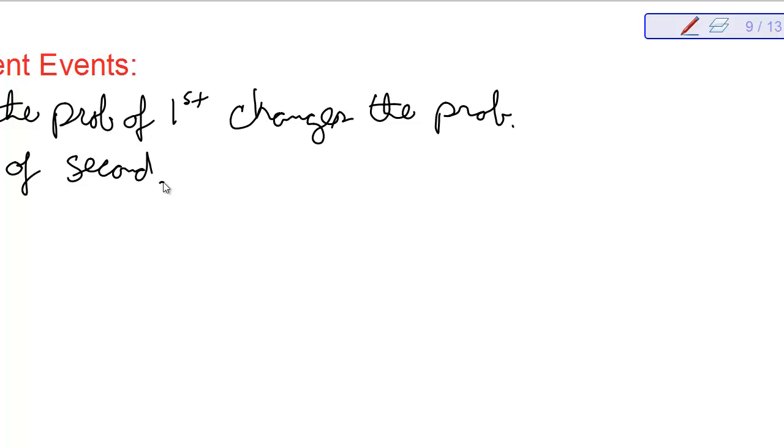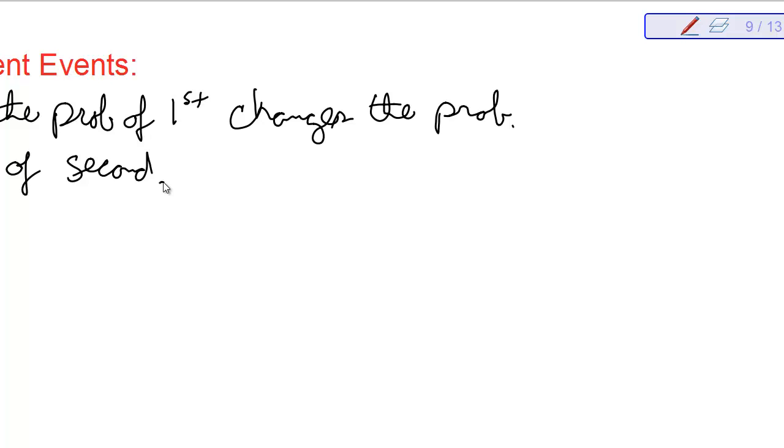An example would be drawing a card from a deck of cards, and you want to draw a second card, but you didn't put the first card back. So now you only have 51 cards to draw from. So it changed the probability of the second event happening because I only have 51 cards to draw from.